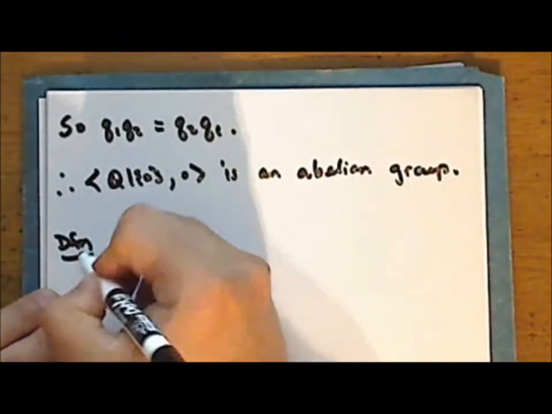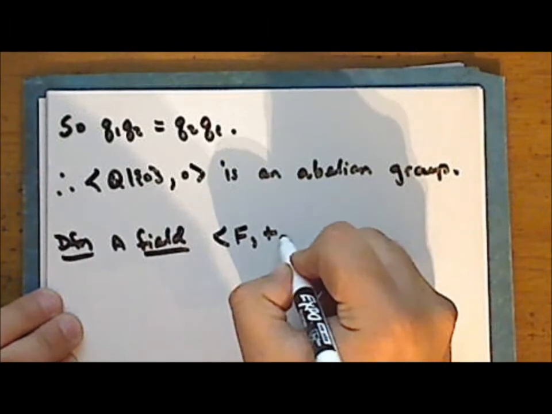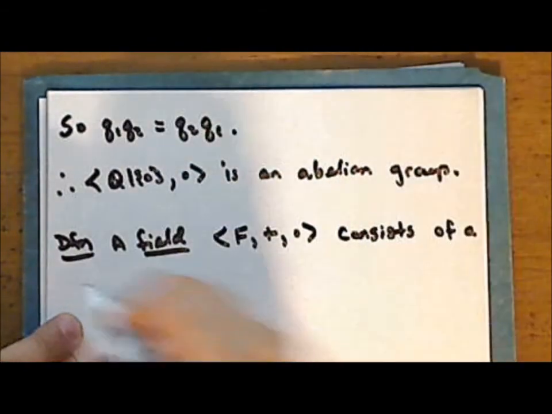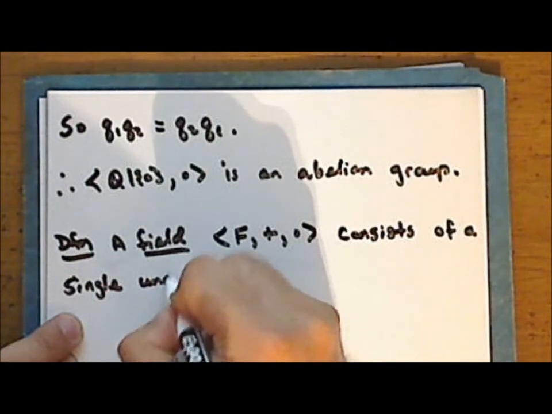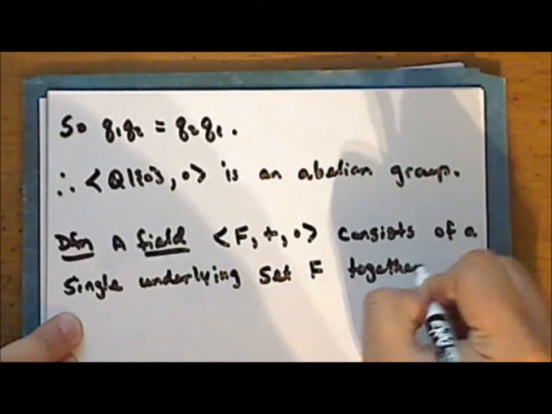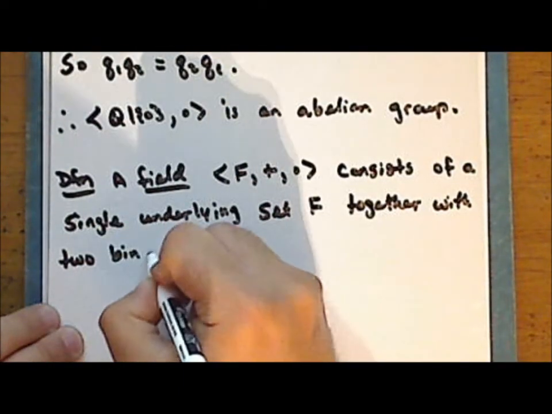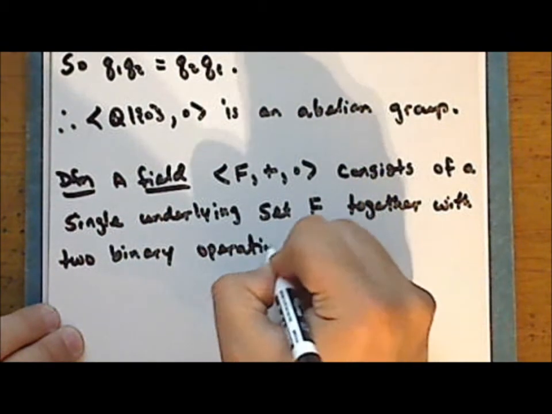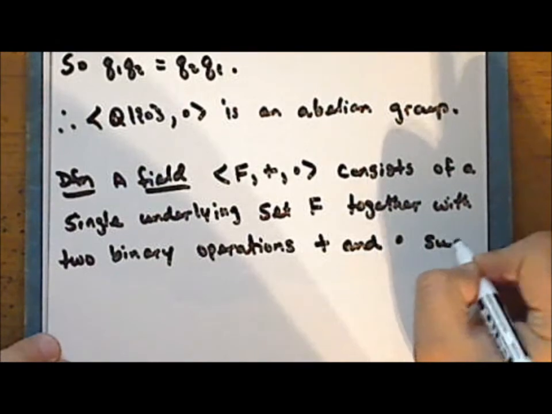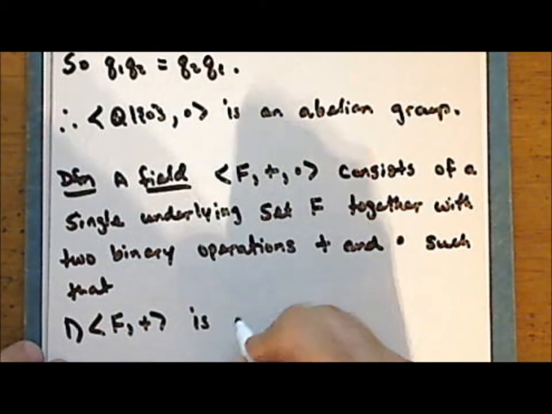So now we need a new definition. A field, which is denoted as a set F together with some notion of addition and some notion of multiplication, consists of a single underlying set which we'll call F, together with two binary operations, some notion of addition and some notion of multiplication, such that first, the entire set under addition is an abelian group.